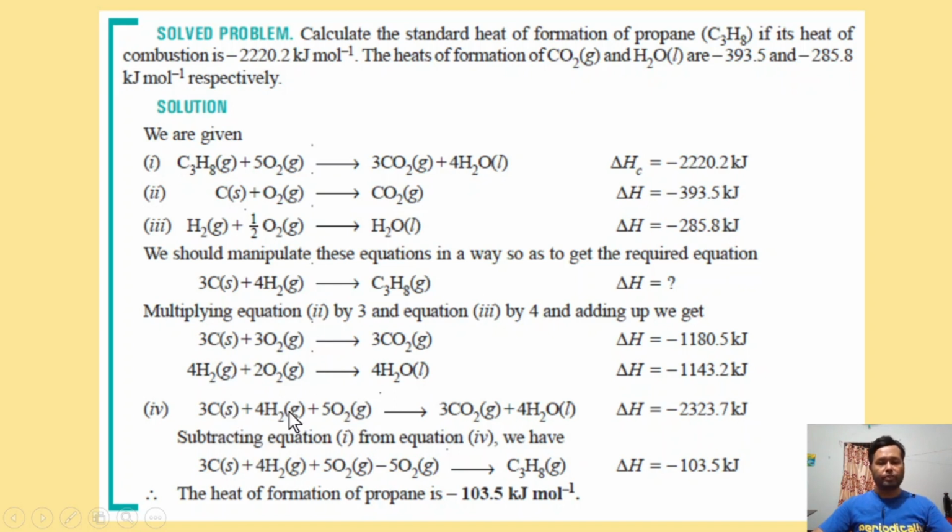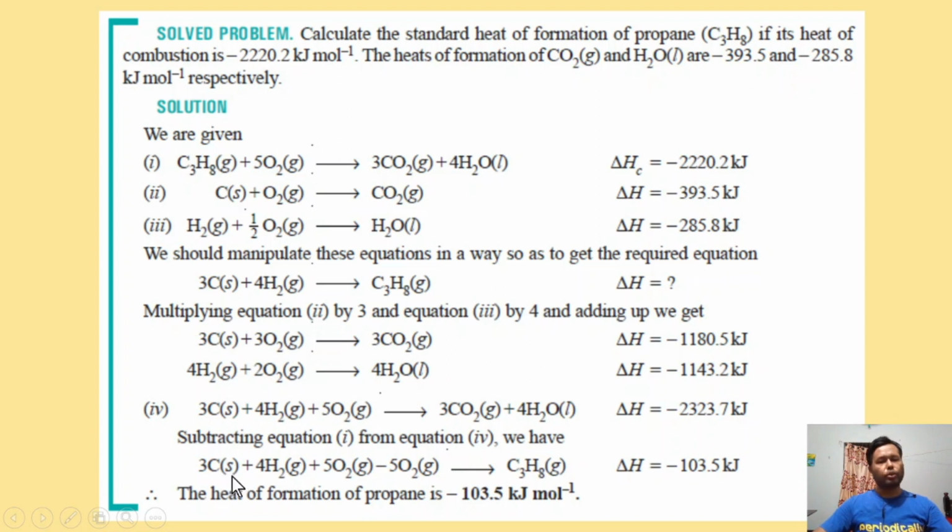Now if we subtract equation number 1 from equation number 4, what will be eliminated? Here we have 5 moles of oxygen. The 5 moles of oxygen will be eliminated, and C3H8 will be our product, because we are going to get a minus in this portion. So we subtract equation number 1 from this equation, and then we will get this.